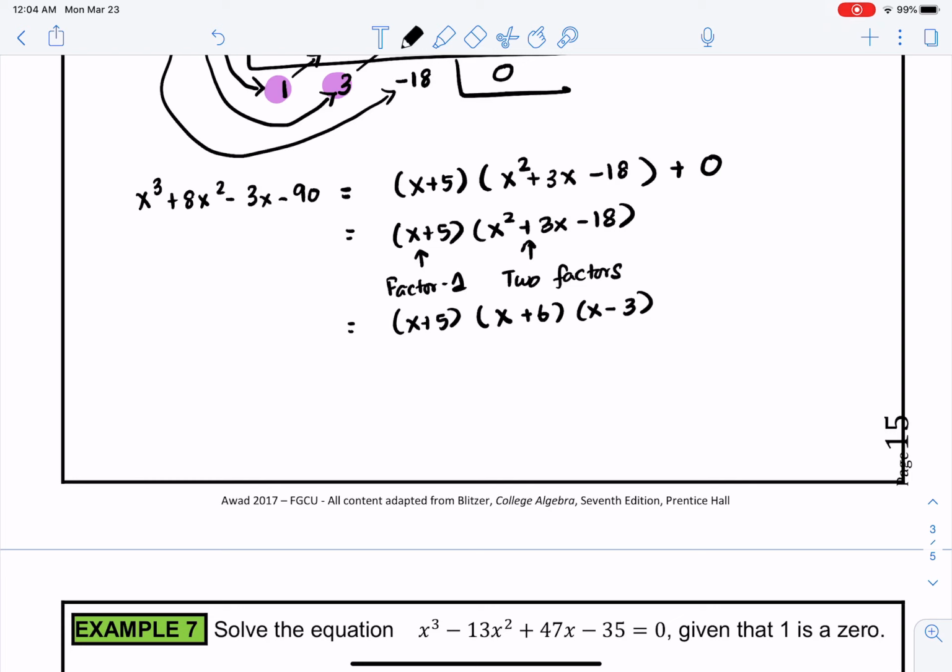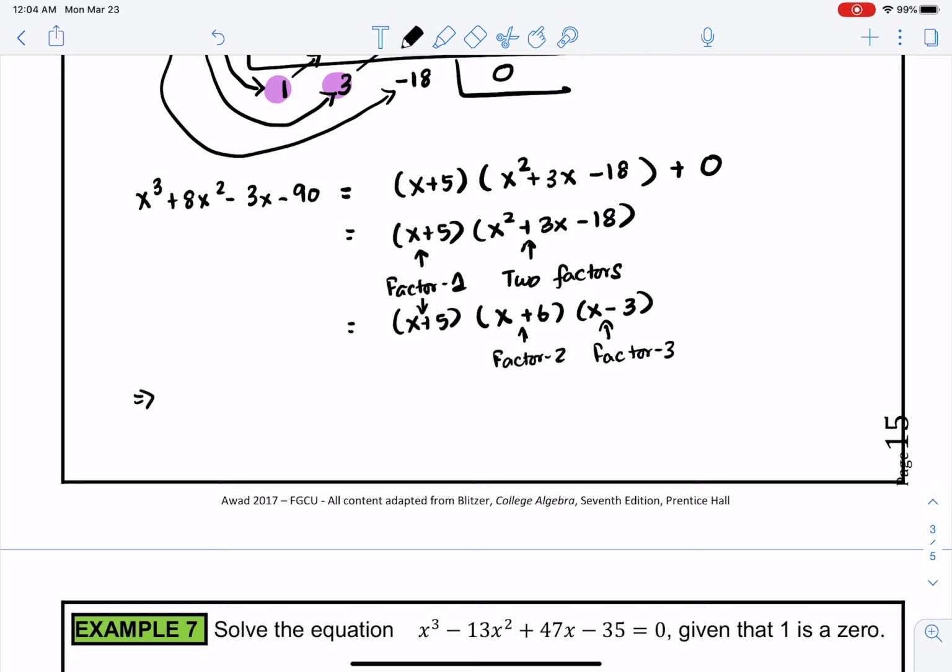So naturally we have 3 factors. That is factor 1, factor 2, and factor 3. And we set each factor equal to 0, and we solve for x to find the zeros.